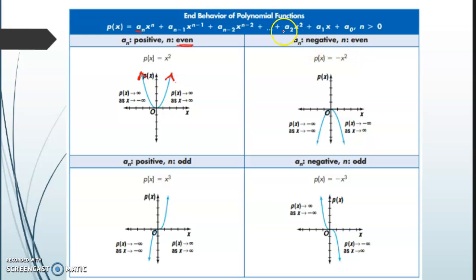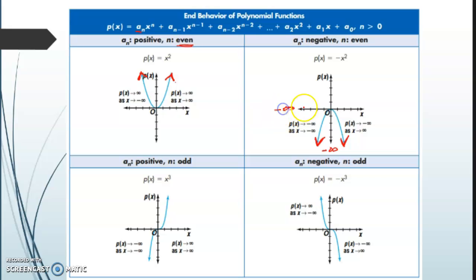If your first one here is negative, and it's still even, then it's going to point down. As x approaches negative infinity, P also approaches negative infinity. So for P of x, this is negative infinity going down.